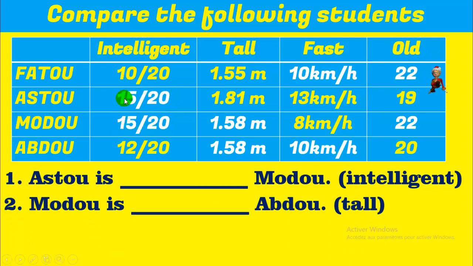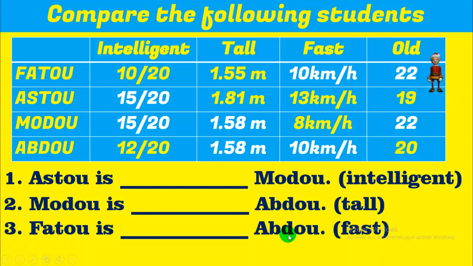So we compare Astu and Modu regarding their intelligence. Number 2, Modu and Abdu, tall. Modu 1.58 meters, Abdu 1.58 meters. So it is equality.